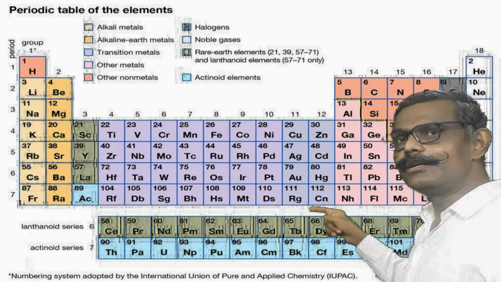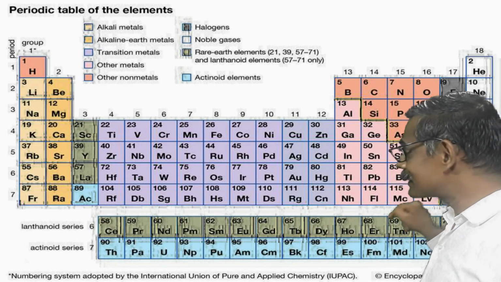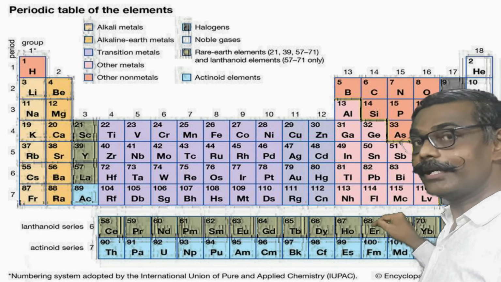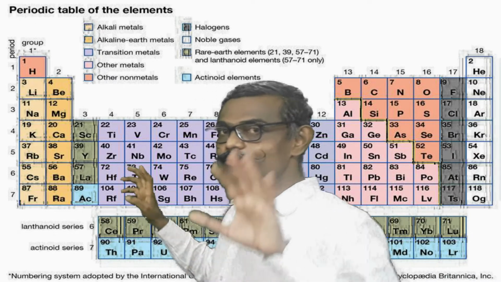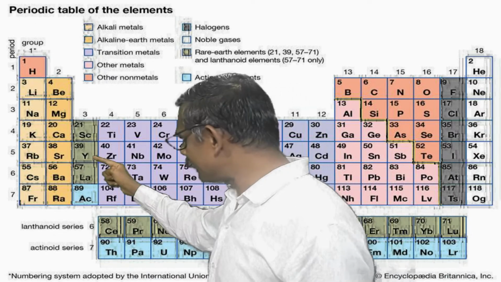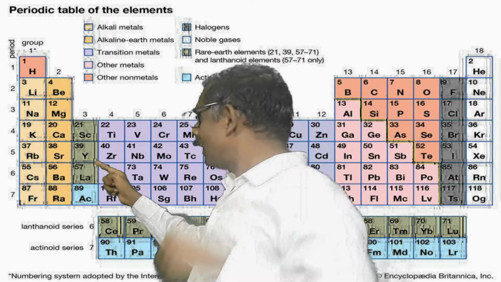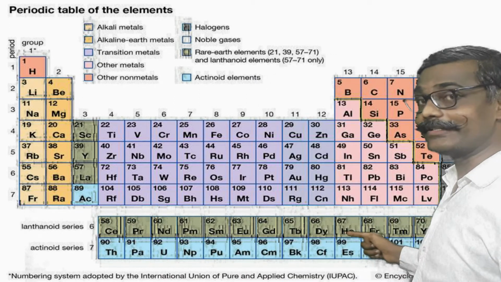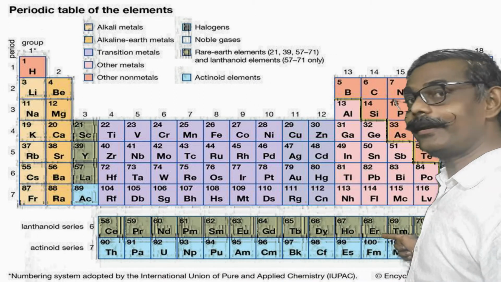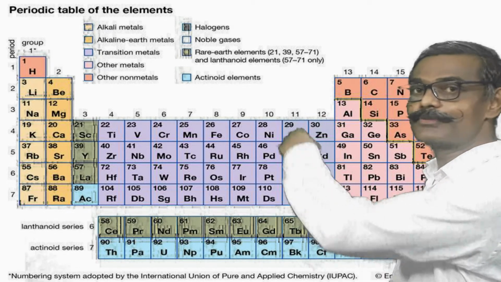So by the middle or at the heavier lanthanoids, the size of the heavier lanthanoids becomes equal to that of yttrium. So what exactly happened? From yttrium to lanthanum, there is an increase in size, and from lanthanum onwards, there is a decrease in size. So there is one place where the sizes become equal.